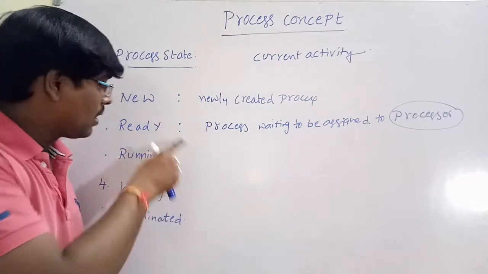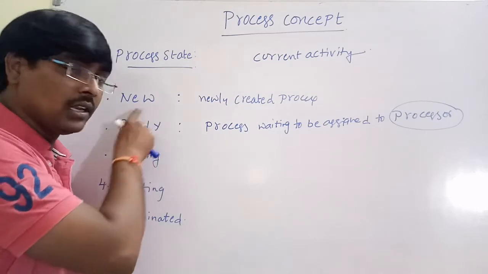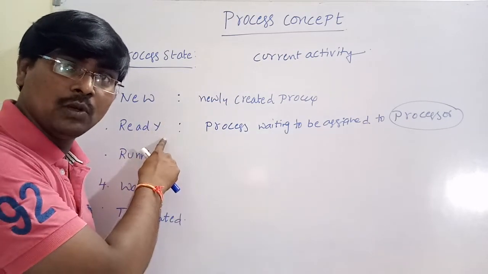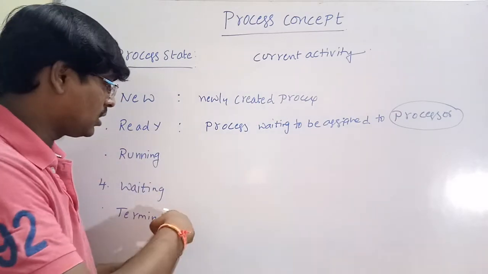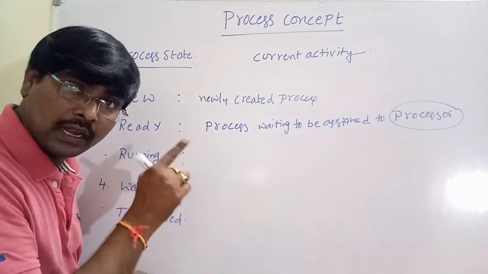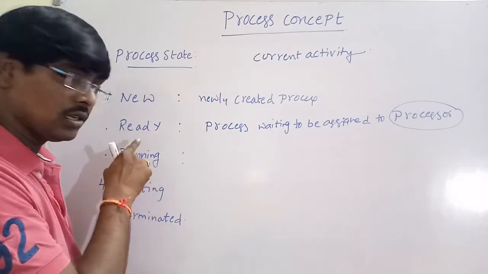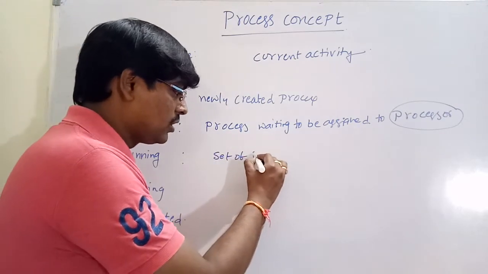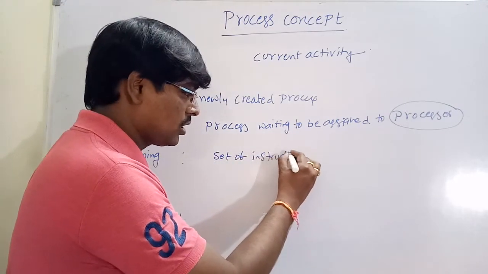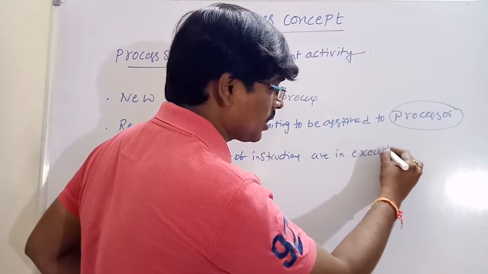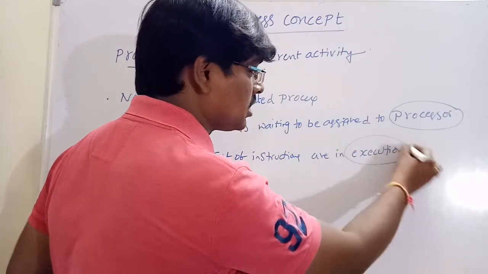That means the processes present in the ready state are ready for execution. Whenever we give them a CPU, they perform their execution. That is, once we give a CPU, they enter into the running state. So running state means a set of instructions are in execution, that is, a process in execution.